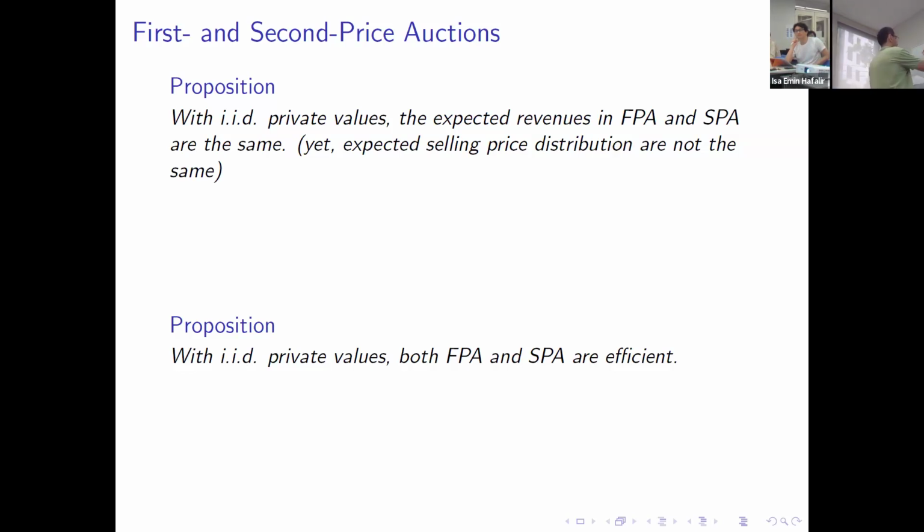Now the proposition is: we have private values with IID distribution, independent and identically distributed signals, and risk neutrality.